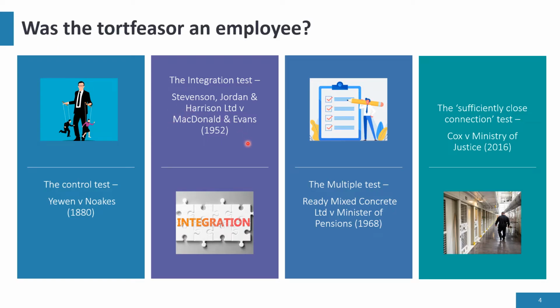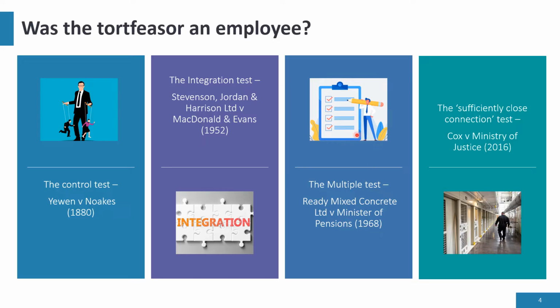Denning said, "One feature which seems to run through the instances is that under a contract of service, a man is employed as part of the business, whereas under a contract for services, his work, although done for the business, is not integrated into it, but is only an accessory to it."